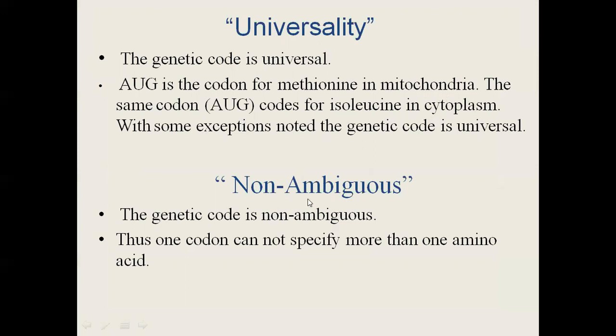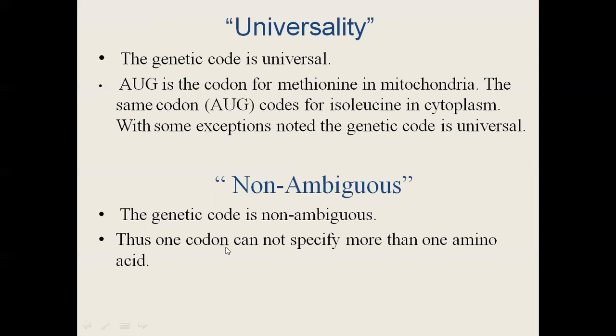And the genetic code is non-ambiguous. Thus, one codon cannot specify more than one amino acid. Here, universal means one codon can synthesize two amino acids, methionine and isoleucine: methionine in mitochondria and isoleucine in cytoplasm, AUG.